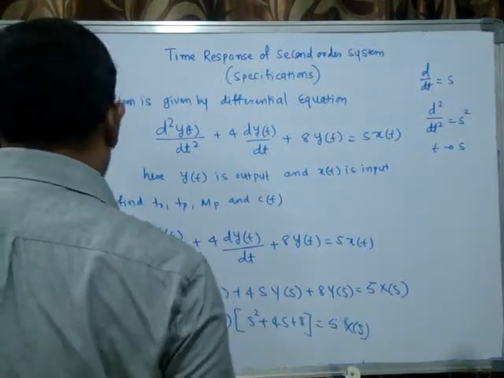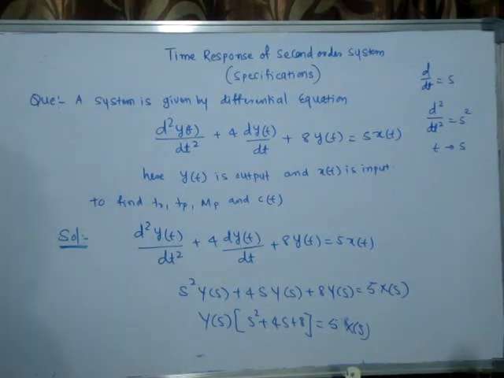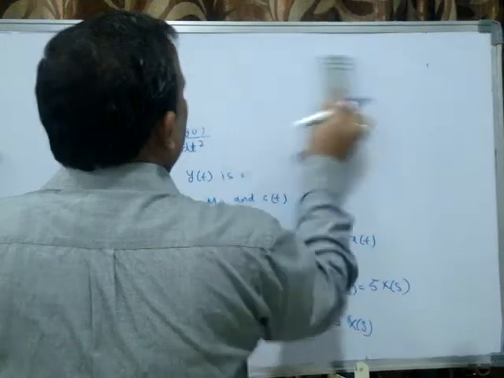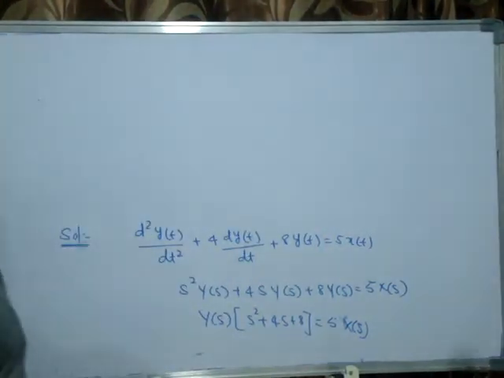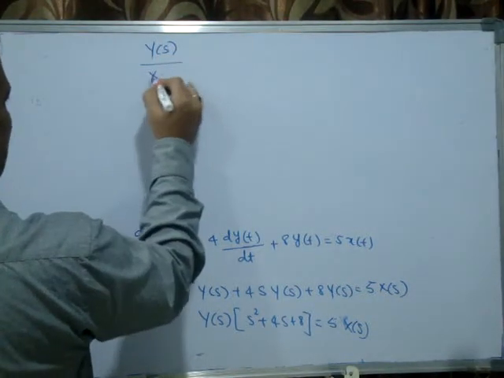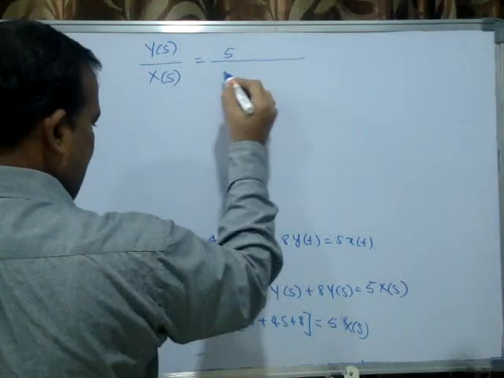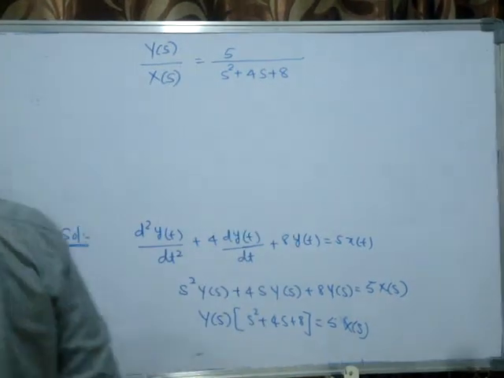Now Laplace of output divided by Laplace of input equals the transfer function. So y of s divided by x of s equal to 5 divided by s square plus 4s plus 8. This is the transfer function.